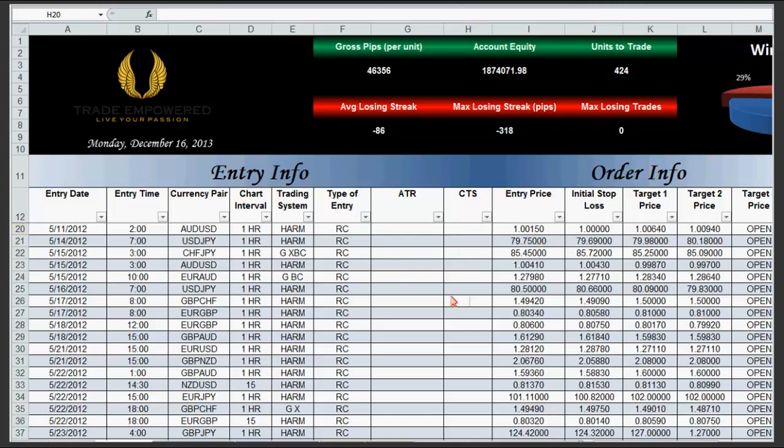And again, when we talk about backtesting, what do you want to make sure you do? You want to make sure you collect as much information as possible. Everything that you think you're going to need, you want to have, because you don't want to have to go back through. There's nothing worse than doing 20 hours of backtesting and realizing that you forgot to record the dates the trades happened. I know this happened to me.